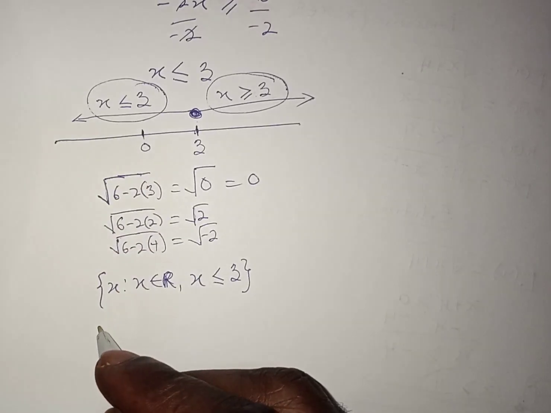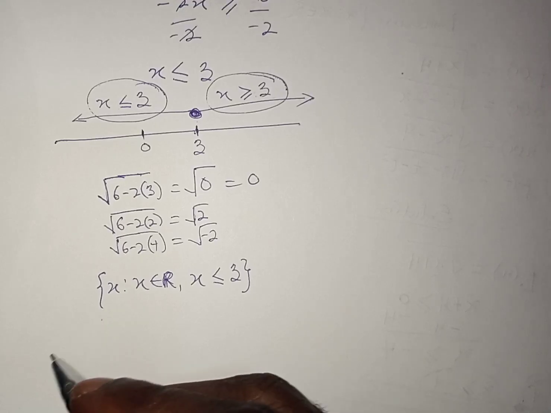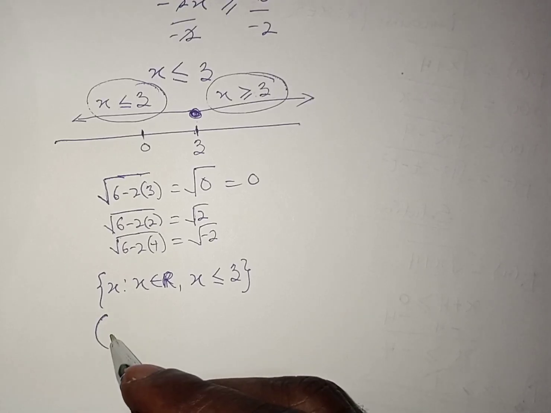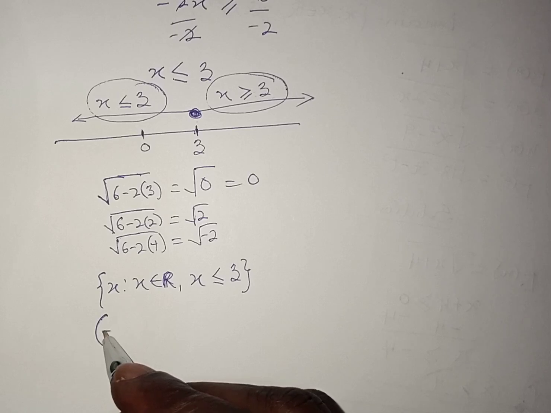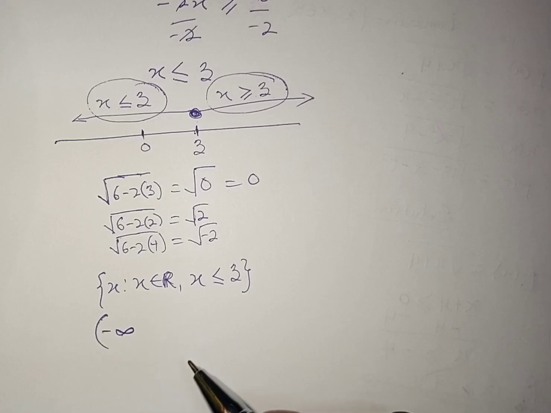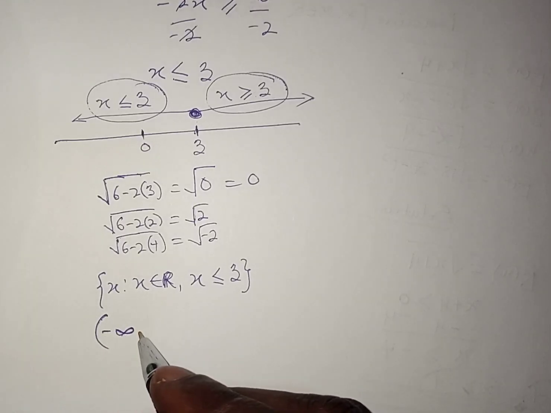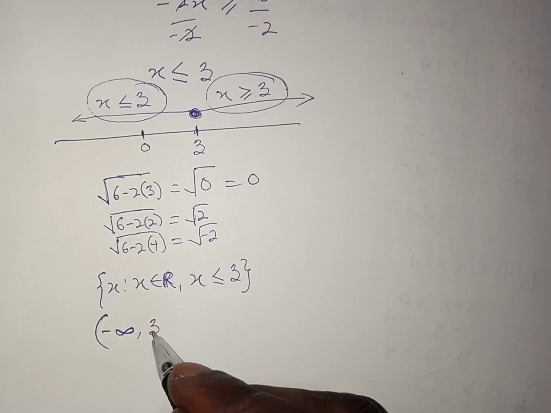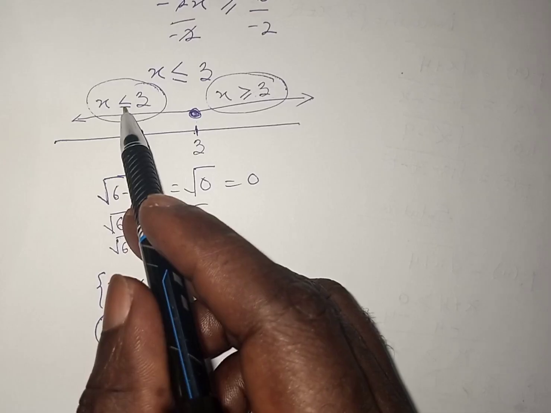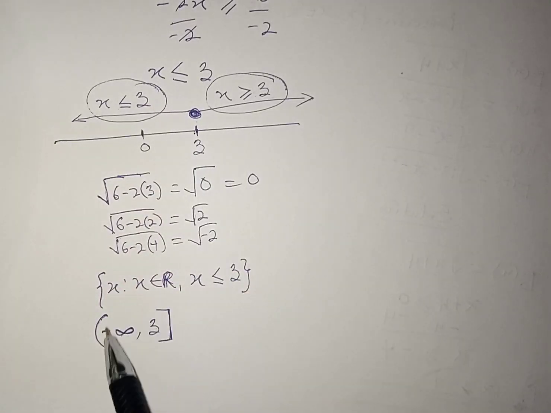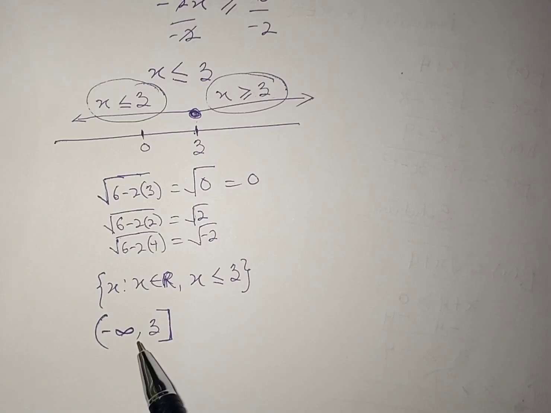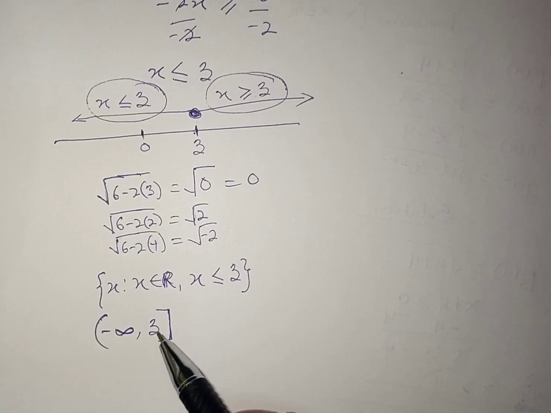So that place is open and it faces the negative direction. So once it is open, then I will have negative infinity, comma, my 3. But the 3 part is closed, so I will bring the bracket because we have the equal to sign. So this also gives us our interval notation.